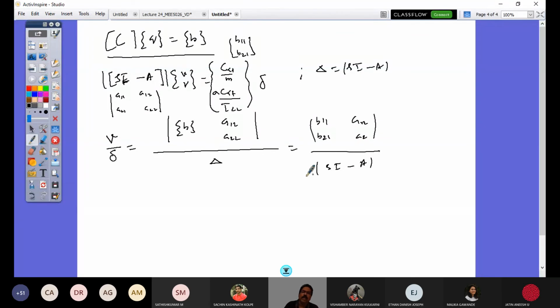So this is my steady state response, and in that, if I put s tends to 0, I would have the steady state gain. In a similar way you can proceed for the remaining, and you would get the corresponding expressions.